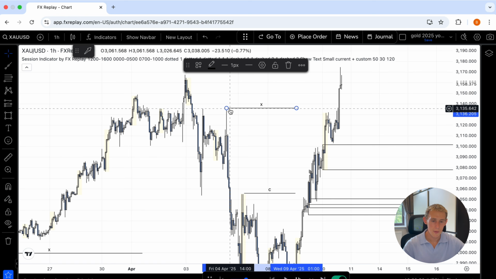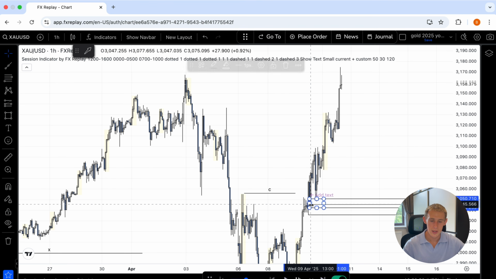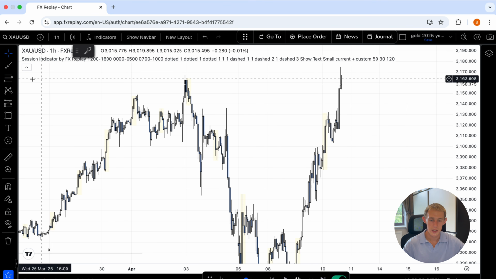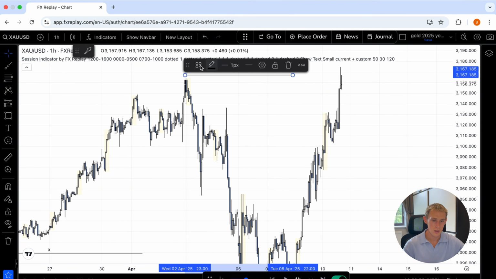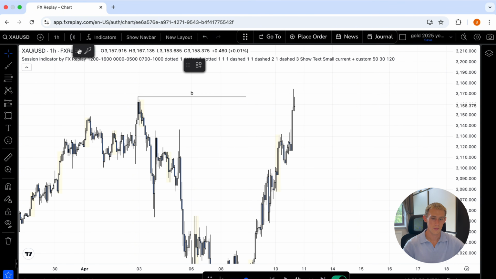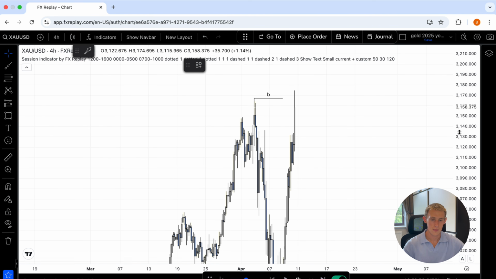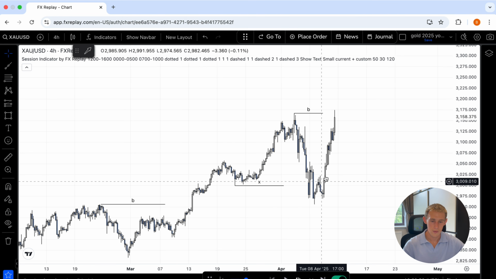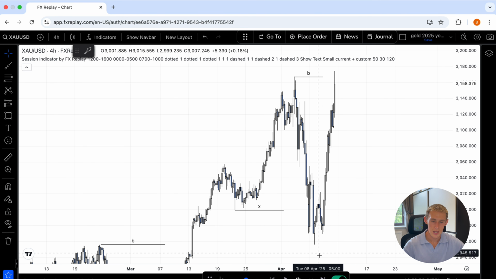And yeah, price has now, if we zoom back out, this is all now internal price action. Price has broken the main high, which was this one. Right, so now we're looking for a retracement inside this bullish leg between the low and the high.